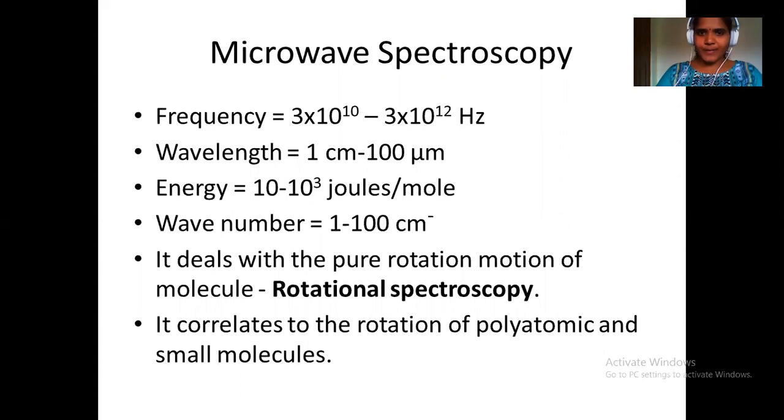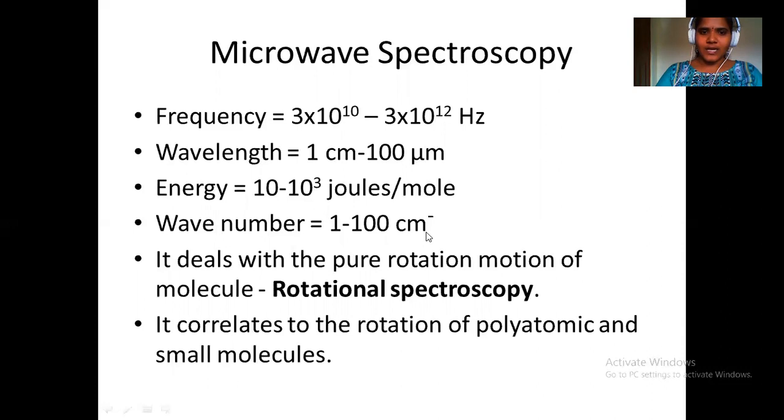Microwave radiation has less energy compared to the other radiations other than the radio waves, and its energy varies from 10 to 10 power 3 joules per mole, its wavelength varies from 1 centimeter to 100 micrometers, the frequency varies from 3 into 10 power 10 to 3 into 10 power 12 hertz, and the wave number is 1 to 100 centimeter inverse.